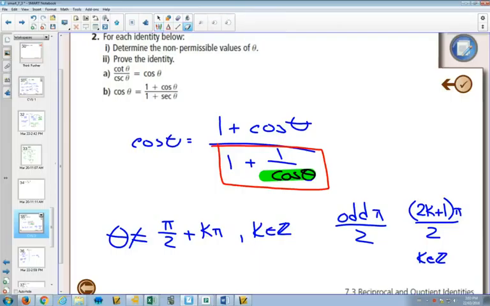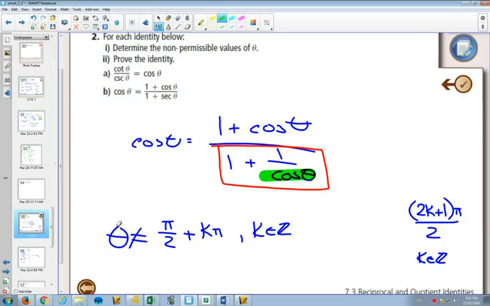Whichever of the two is easier for you to remember because it makes more sense to you. If you like pi over 2 plus k pi, because you can imagine going by pi's, starting with one that you know. Or if you like 2k plus 1, because that makes sense as an odd number, times pi over 2. Either way.